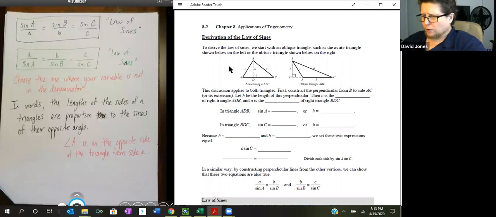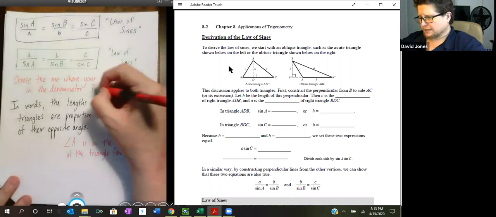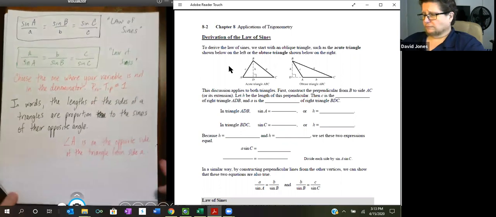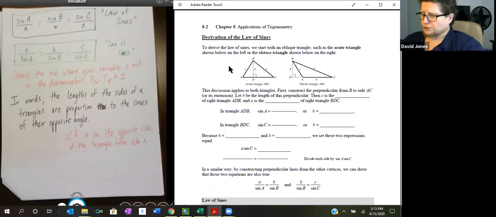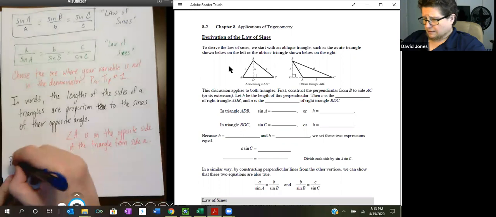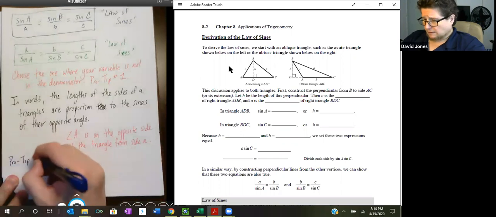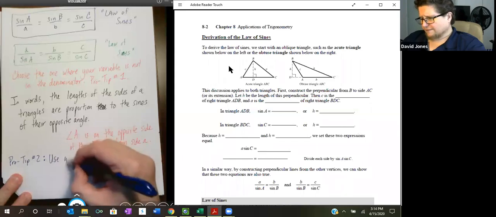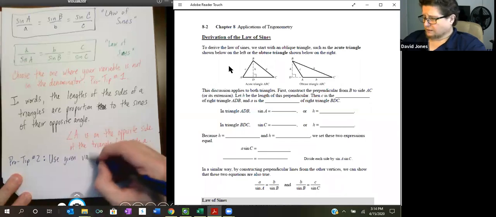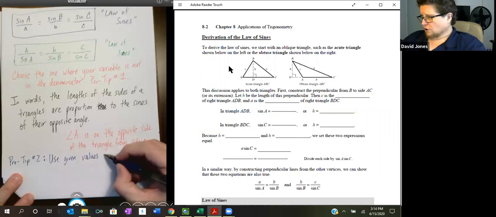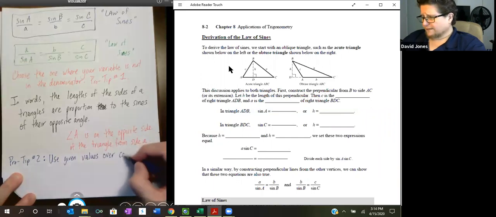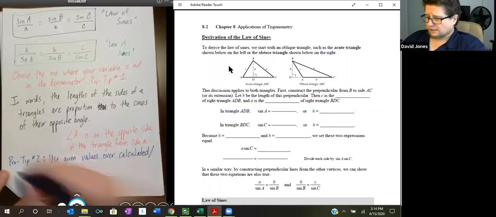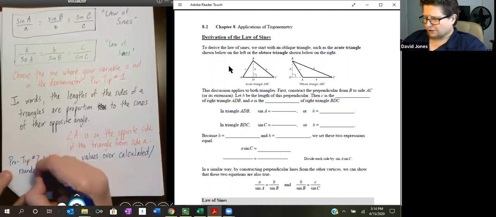So pro tip number one was this. This is pro tip number one. Pro tip number two: use given values over calculated or rounded values, because anytime you're using a calculator, you're almost always rounding.